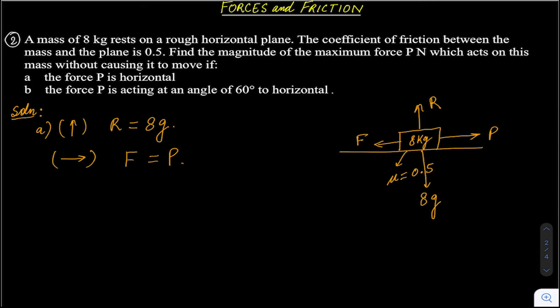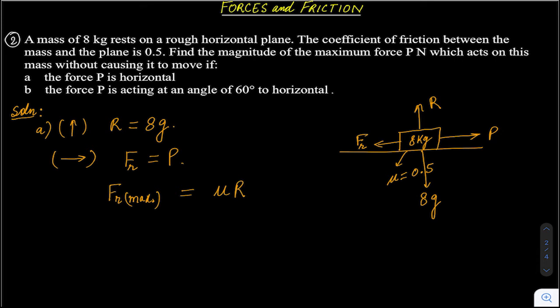Now the maximum value of P will be whatever the maximum value of friction force is. The maximum value of friction force, in the limiting case, is mu times R. That's the maximum value.